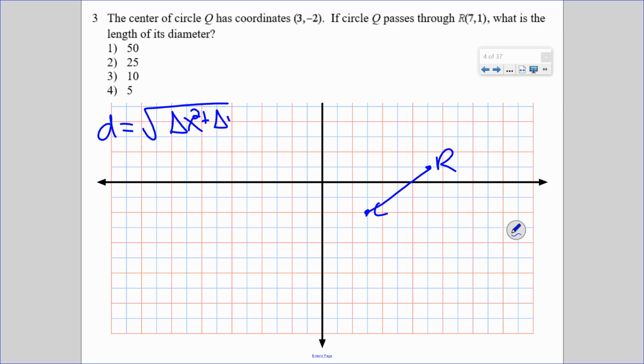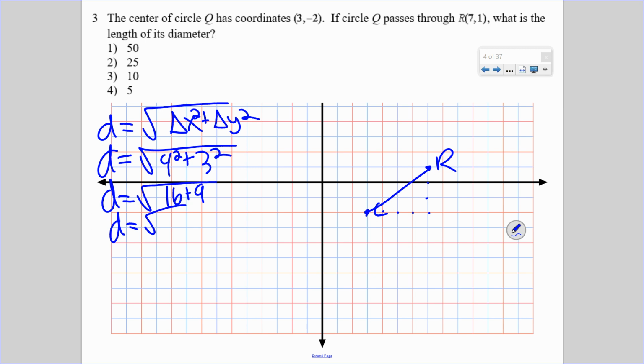If you don't know your distance formula, good luck to you. See you next year. Change in X, 1, 2, 3, 4. Change in Y, 1, 2, 3. That's 16 plus 9. That's the square root of 25. That's 5.